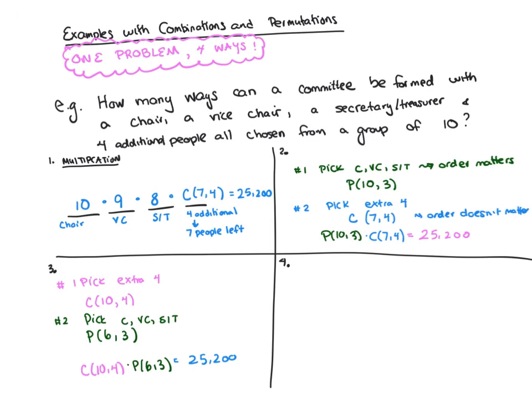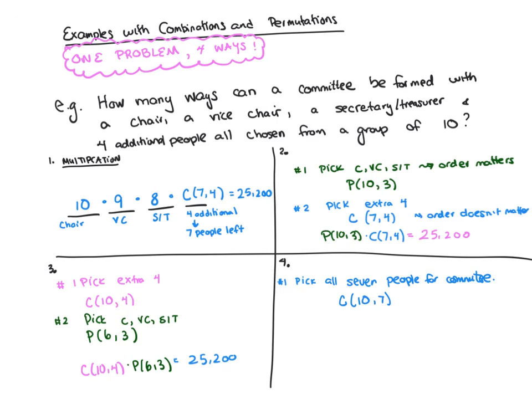Let's do one final way. In my last way, the first thing I'm going to do is pick all 7 people who are going to be in the committee. So the number of ways to do that, I'm going to say order doesn't matter. So I'm going to have C, there's 10 total people, and I'm going to pick 7.